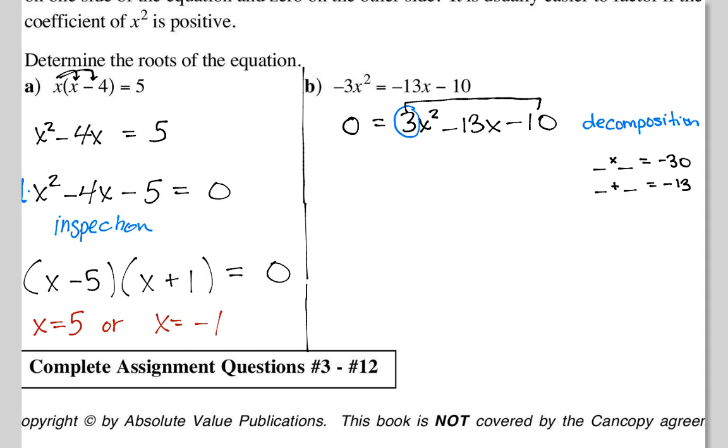It's not 3 and 10. Not 3 and 10, because it would have to be -3, -10, but those multiply to +30. So 15 and 2, which one's negative? Okay, so we're going to change this to -15x plus 2x, because this was 15 and 2.